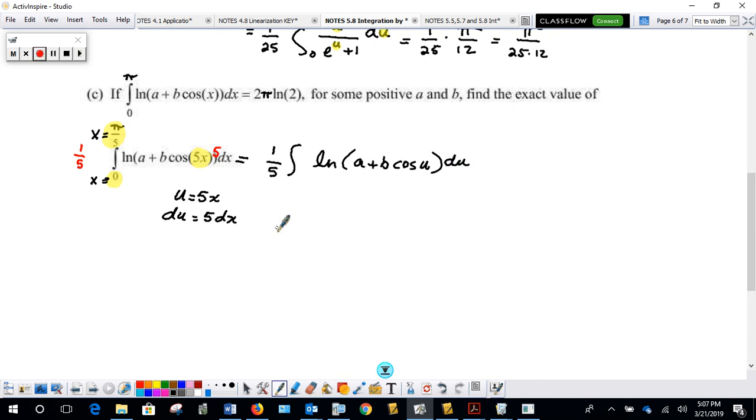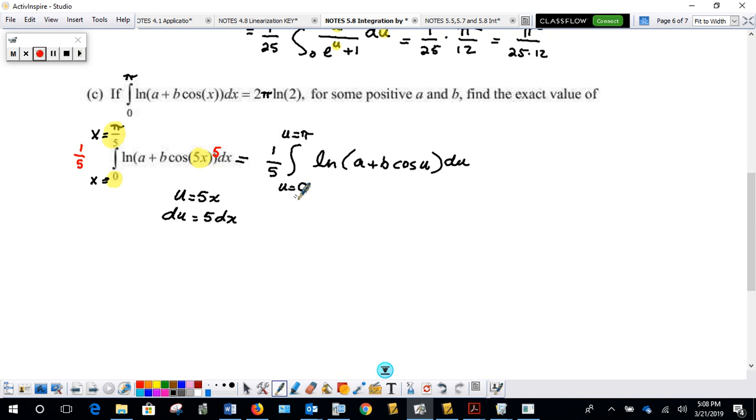And now remember, this is now in u, so I have to change the bounds to u equals. U is 5 times x. So if x is 0, u is going to equal 0. When x is pi over 5, 5 times pi over 5 is going to be pi.